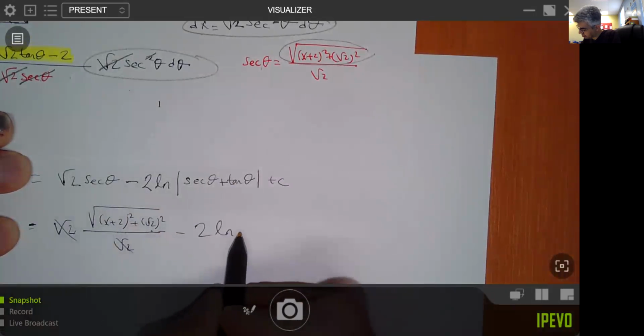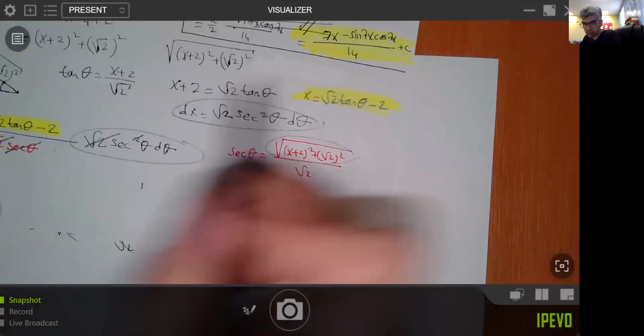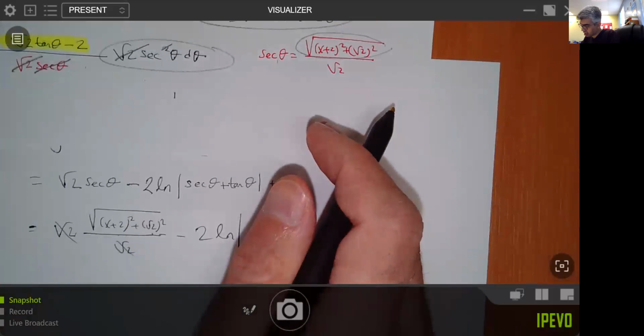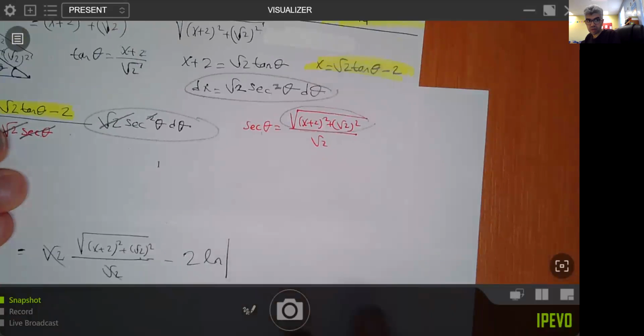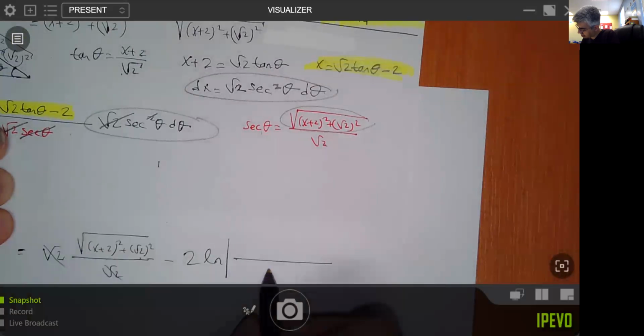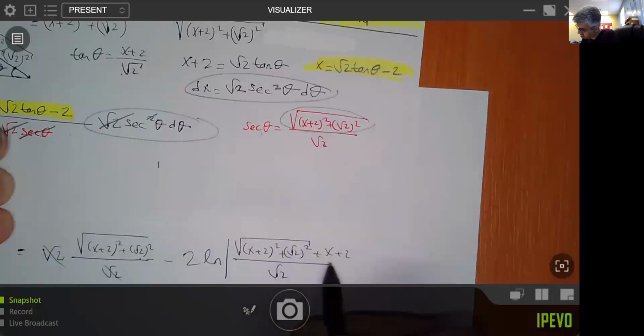Minus 2 times ln of secant theta, it's this one again, plus tangent theta. Tangent theta is here. So this plus this, ln of, with the denominator root 2, square root of (x plus 2) squared plus root 2 squared plus x plus 2, and then plus c.